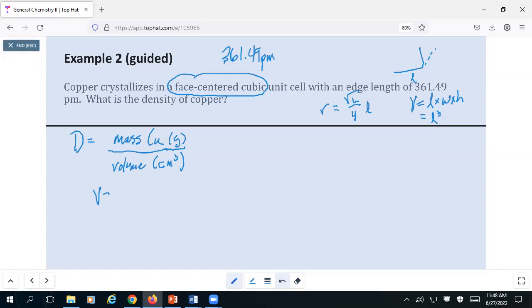Now the conversion, we know that there are 10 to the 12th picometers in 1 meter, and that in every meter there are 100 centimeters.